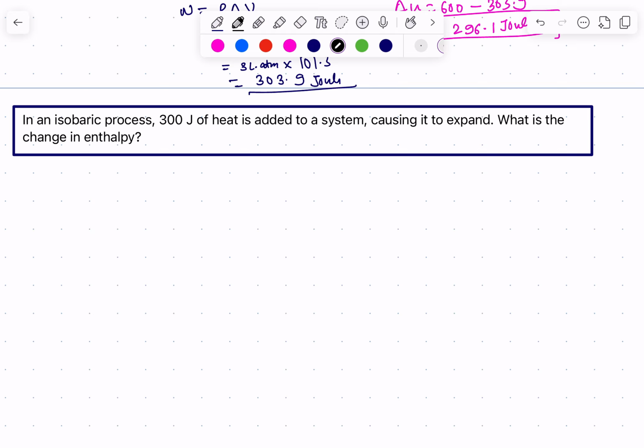Sir, can you repeat what you said, sir? I didn't hear it, sir. I'm saying that for the question which is given on the screen, it is written in an isobaric process. So, let's assume that this is an isochoric process and calculate the change in enthalpy.